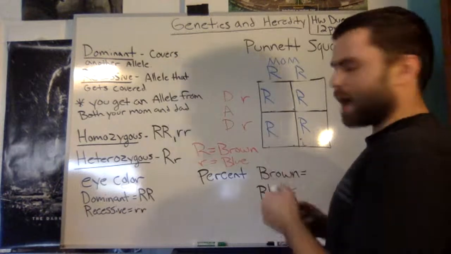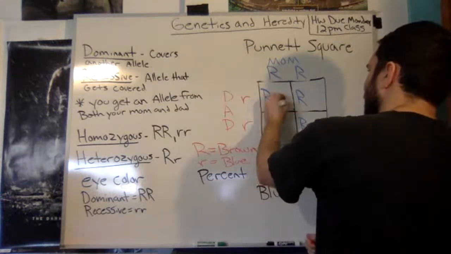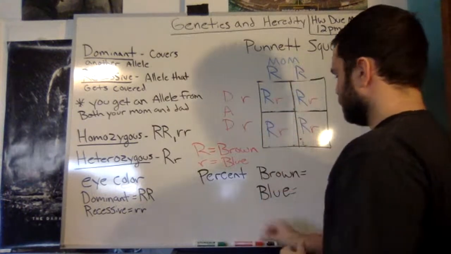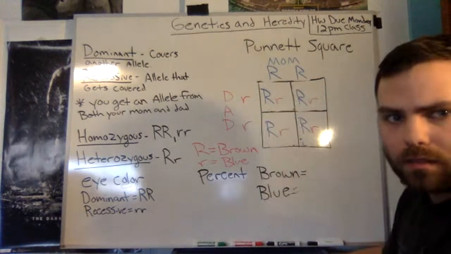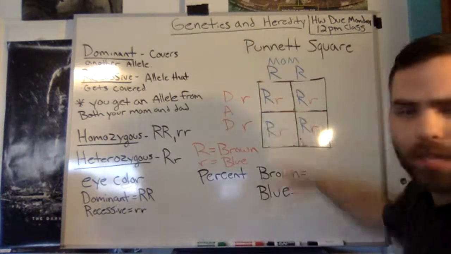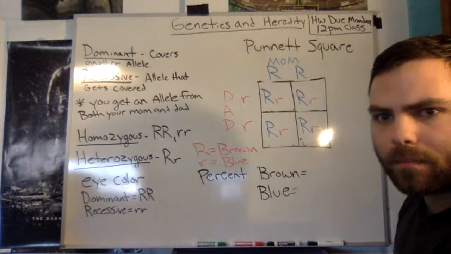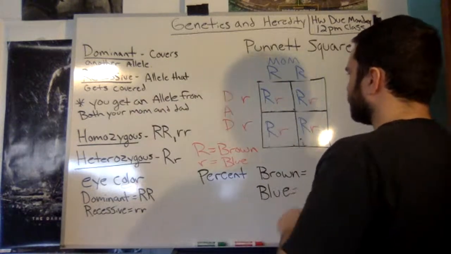Now we're going to bring over dad's. Since it's lowercase, I'm going to put that second. So I got R, R, R, R. So looking at my first box, is there an uppercase? Yes, right? So that's going to represent what eye color? Let me get a black marker.